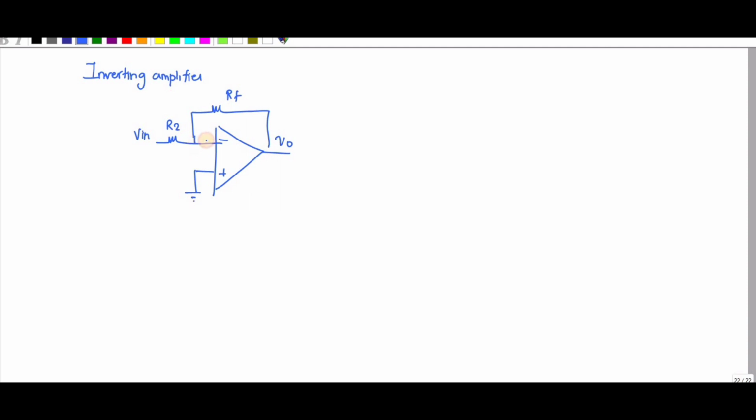So if that is the case, what is this point? The current flowing through this op-amp is 0 because it offers a very high impedance, and this voltage is a virtual ground, because this value is 0, so this value is also 0. So the entire current will flow in this direction only. Okay, so this I is equal to I. So how to determine the I value?